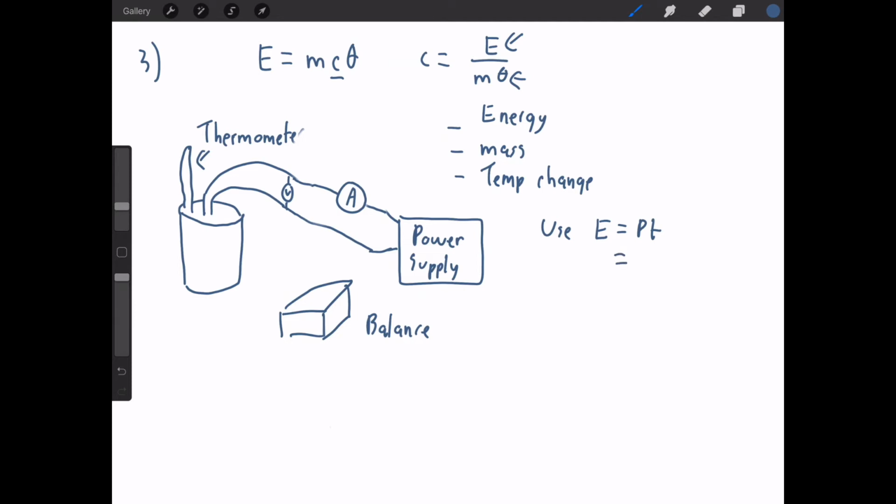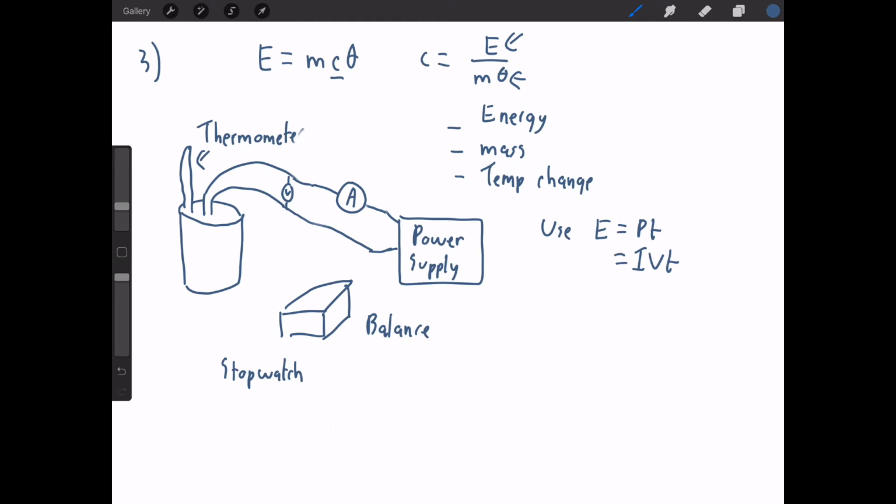Electrical power is of course current times voltage, so that could be IV times time, and in this case I would need a stopwatch to measure the time taken for the energy to increase, although I do think the mark scheme kind of ignores that. So whichever one you want, current meter and a voltmeter, or a joule meter, that will be absolutely fine.